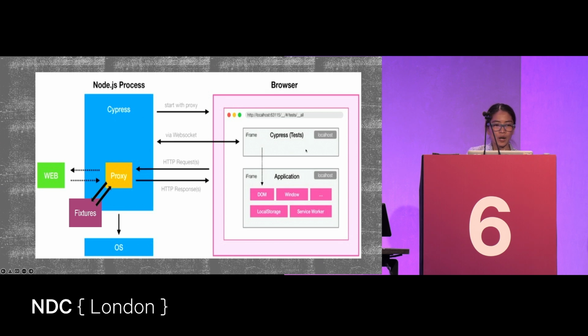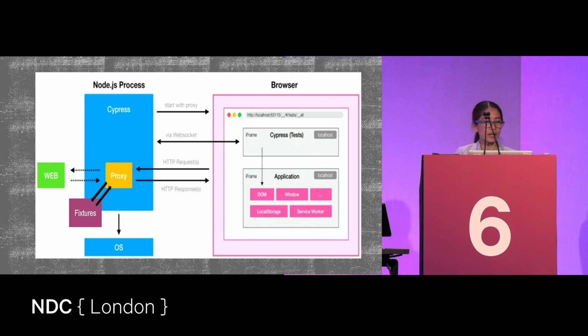And that is our browser here, where Cypress is running, and here's the application, which is also running in our browser. Here's a complete browser where the application and Cypress are running. And through the proxy, we get the request you want to execute, and here's the response via the proxy as well.